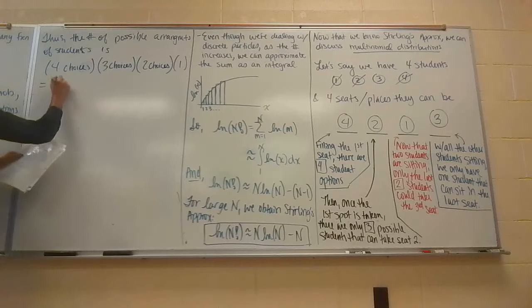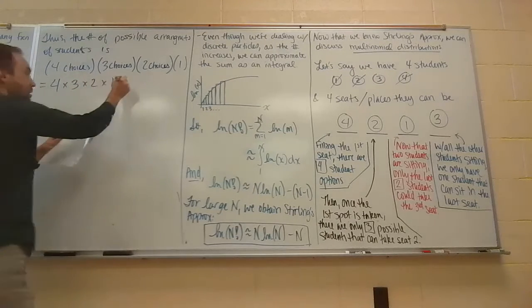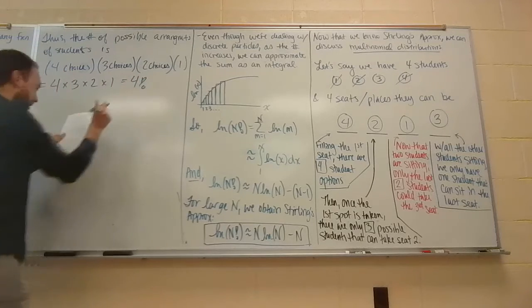That means that I will have 4 times 3 times 2 times 1, or 4 factorial.